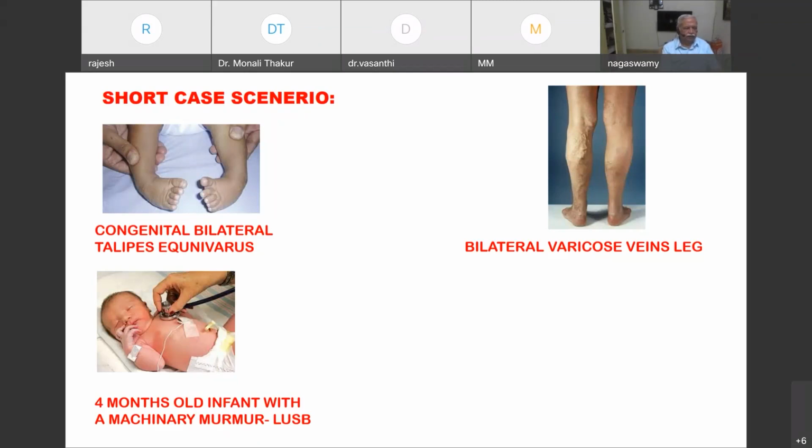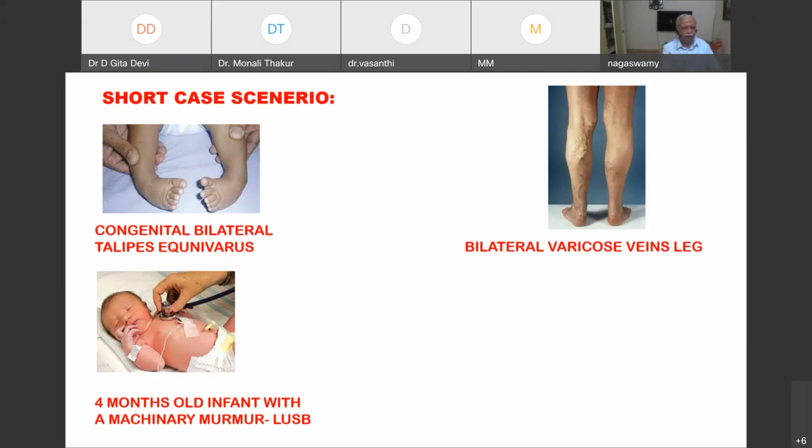But if it is still persistent at the 4th month, what does it indicate? It is a patent ductus arteriosus. What are the harmful effects of a persistent patent ductus arteriosus? What can it lead to in the long run? Pulmonary hypertension.